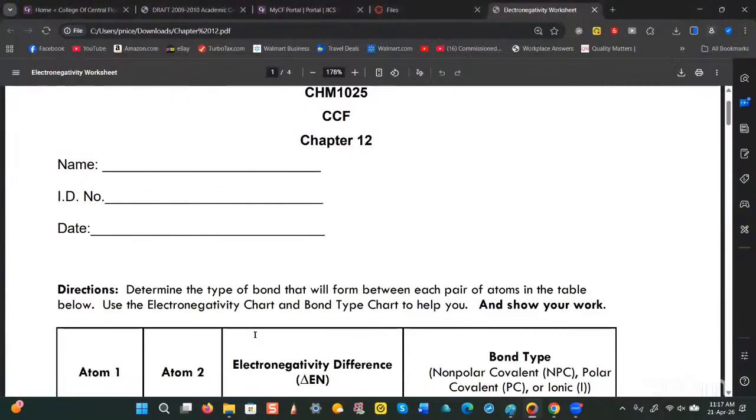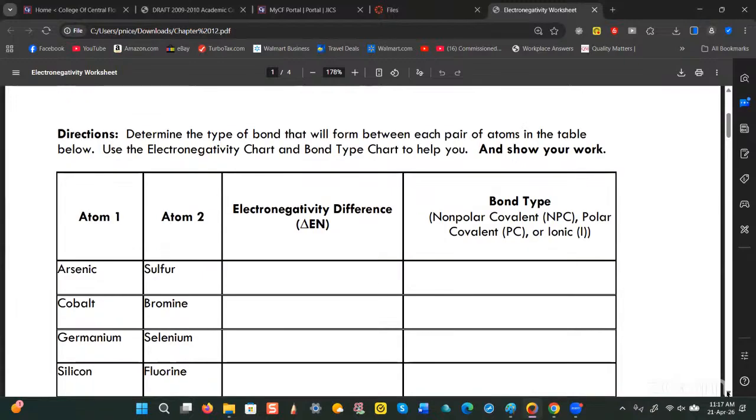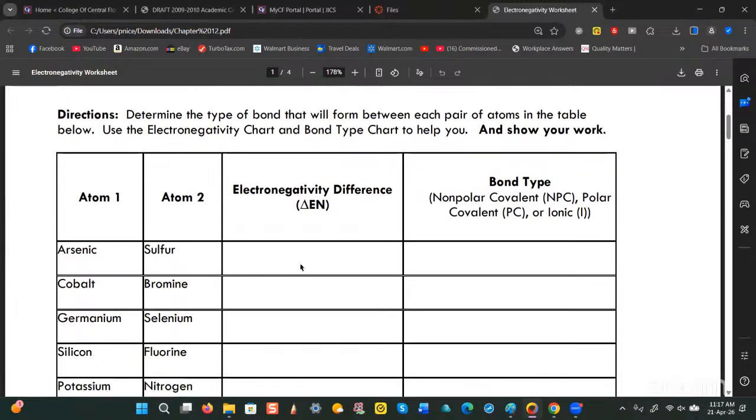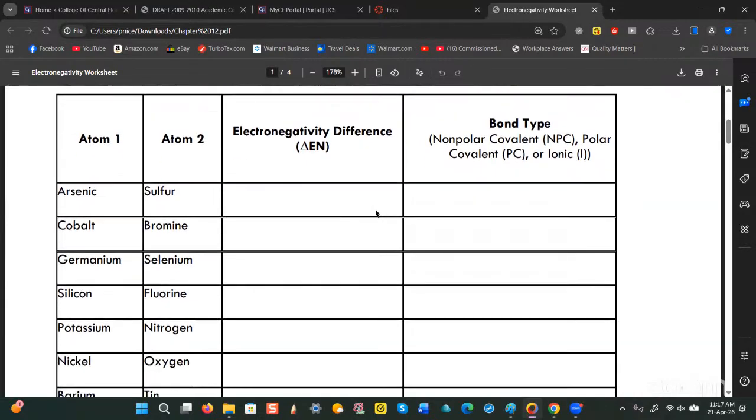So let me go here. So basically what they're asking you to do is to determine the type of bond that exists between the two elements given on the left. So you're going to use the table with the electronegativity values to determine the difference.